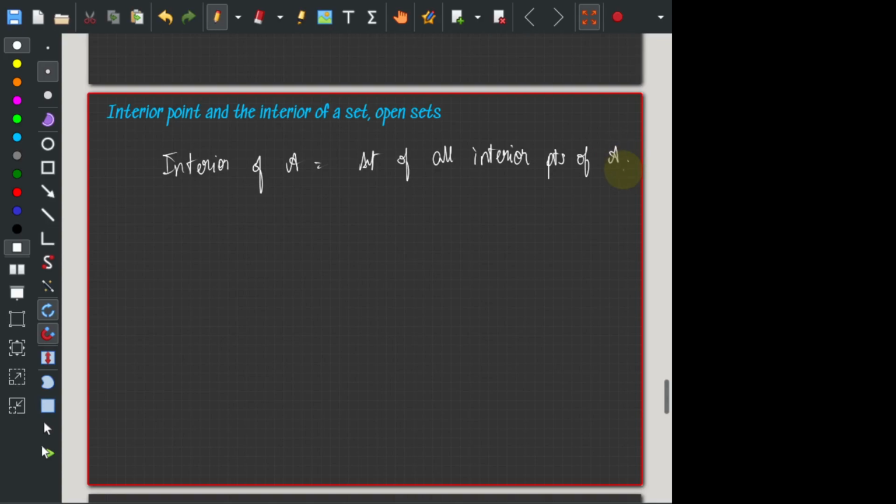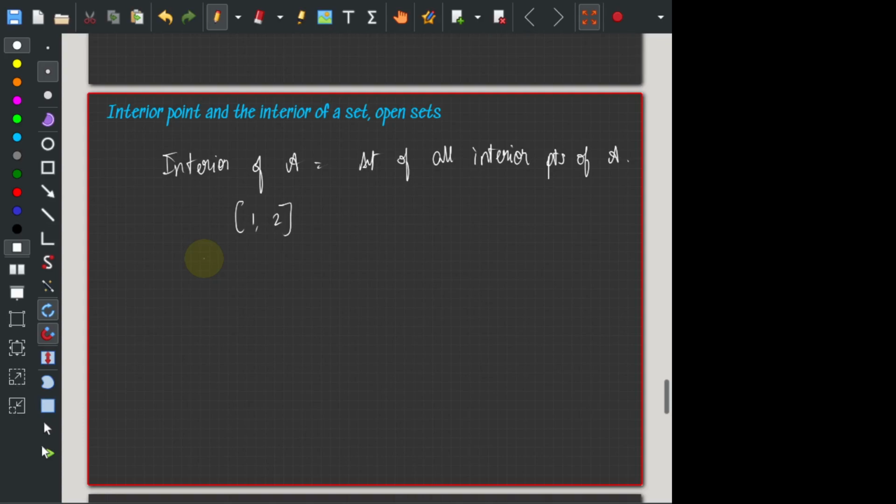Right? Let me take the set again. Let's take the same set 1, 2. What is the set of all interior points of A? The open interval 1, 2.